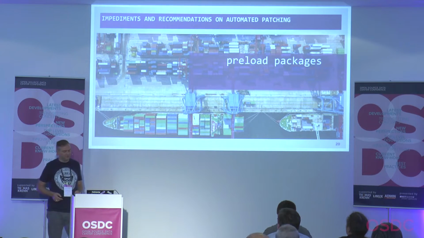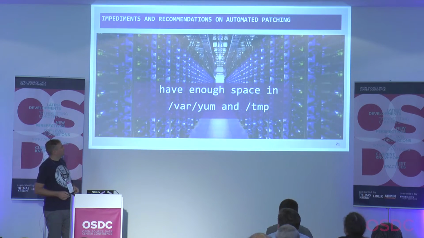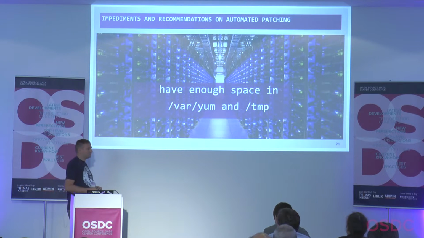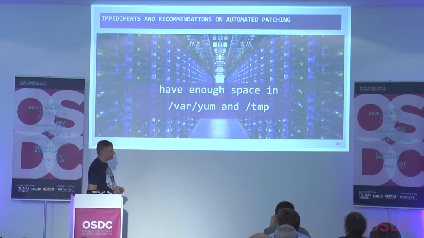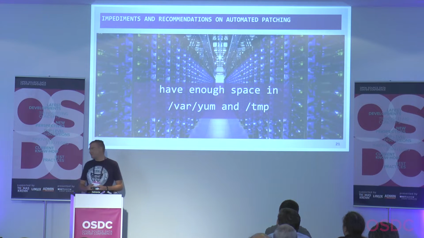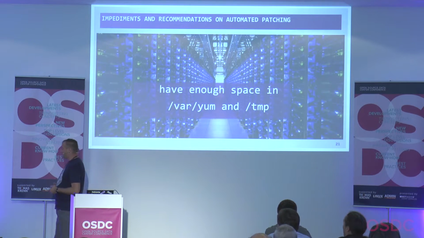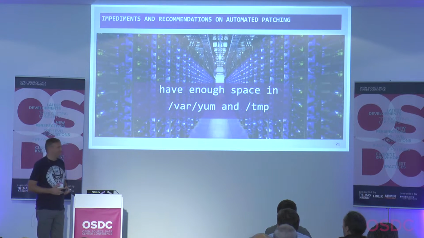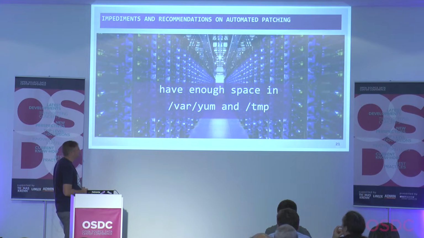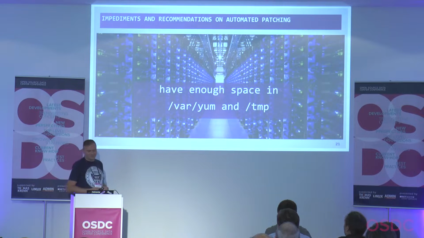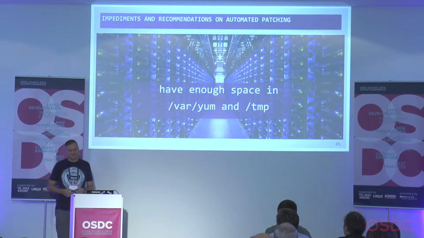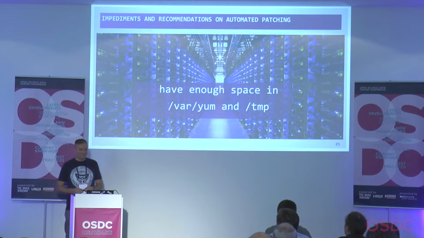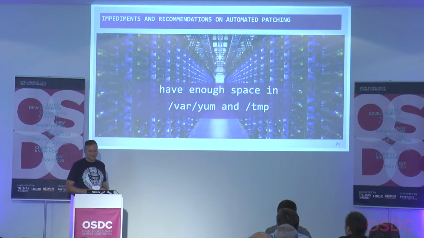Things you should have an eye on. This hurts us sometimes very much, because when there is not enough space in some folders, in the yum folder for example, and the package download is not done, that's something bad.